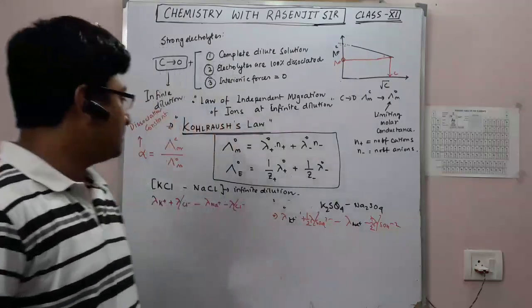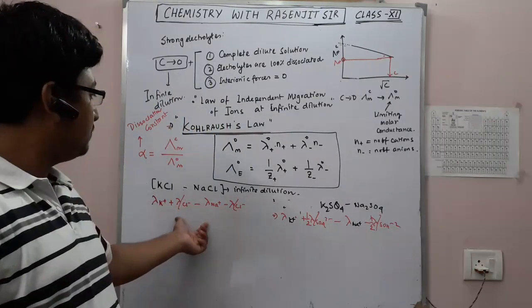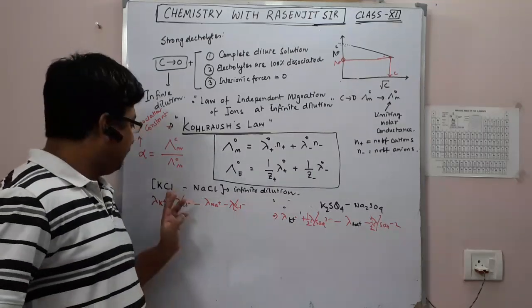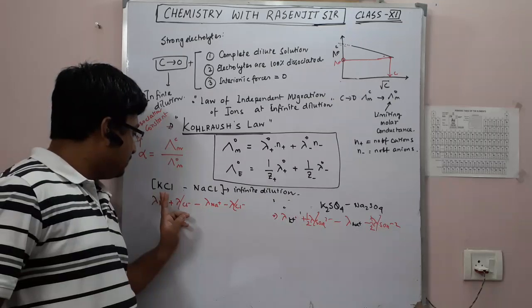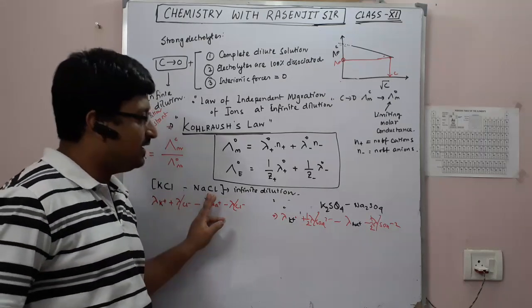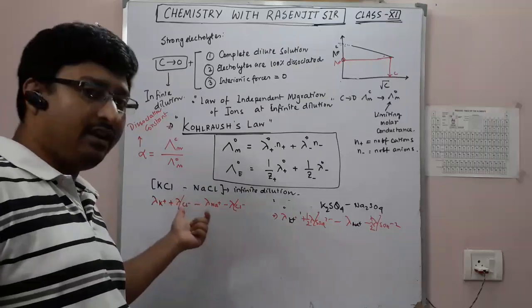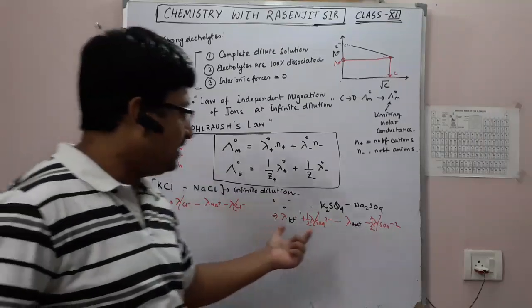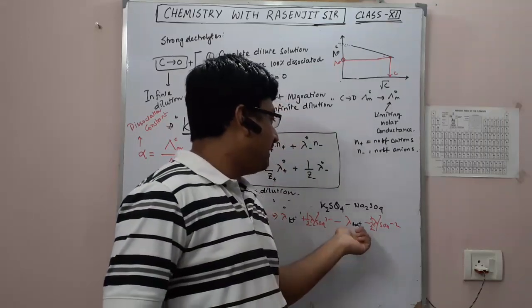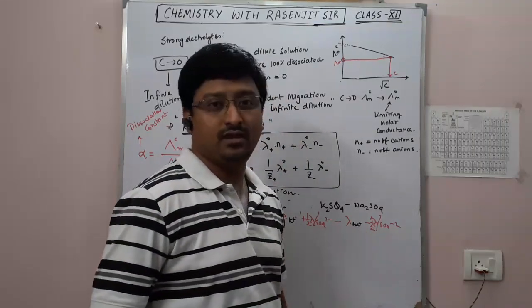So by using these two solutions, theoretically, if we know the lambda 0 of KCl and lambda 0 of NaCl, and we take the difference, that difference will be equal to the lambda 0 of potassium sulfate minus lambda 0 of sodium sulfate.